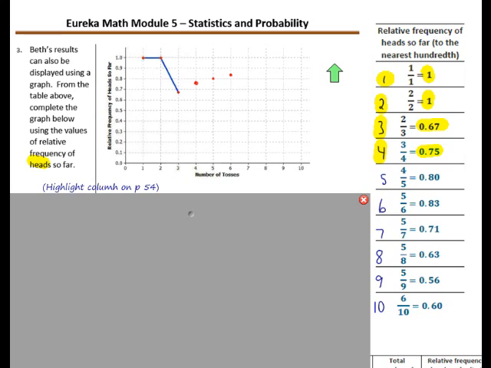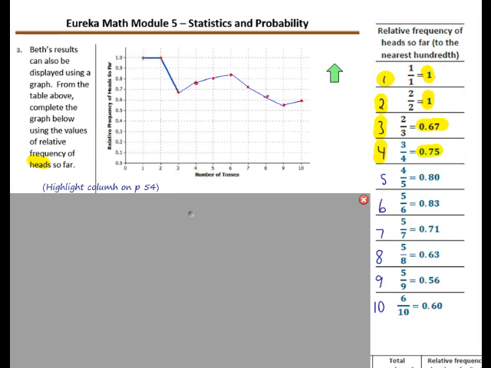Toss 7 is at 0.71. Toss 8 is at 0.63. Toss 9 is at 0.56. Toss 10 is at 0.6. And then you can go ahead and connect the lines as they have done on their graph. And that is what our graph looks like.